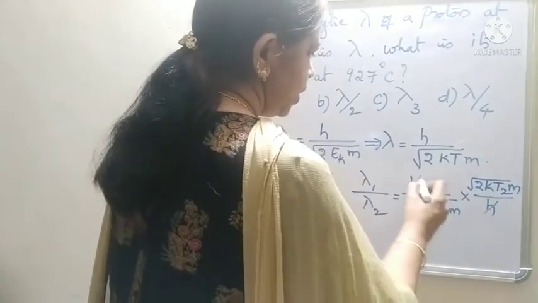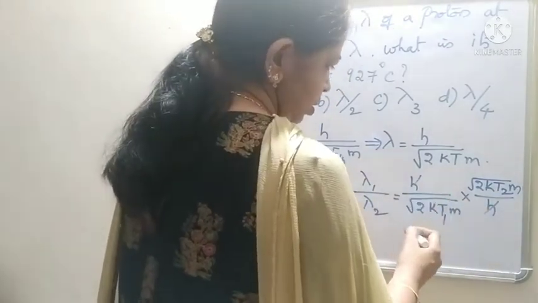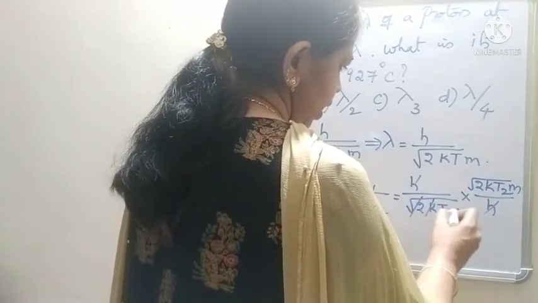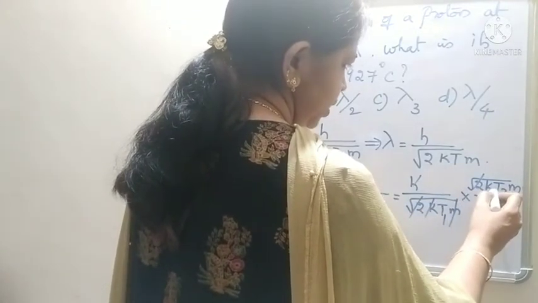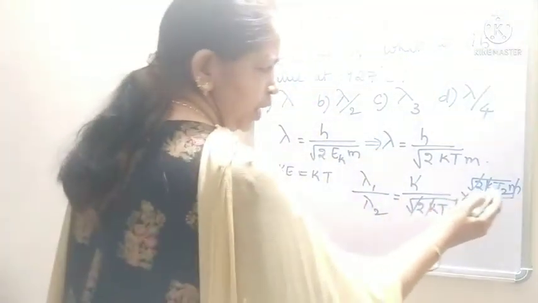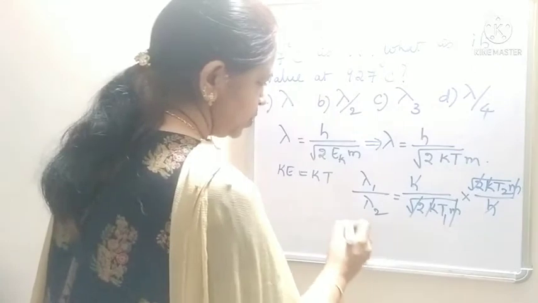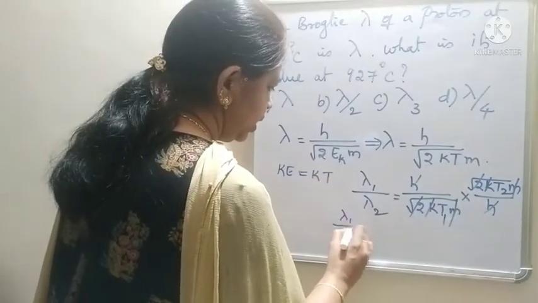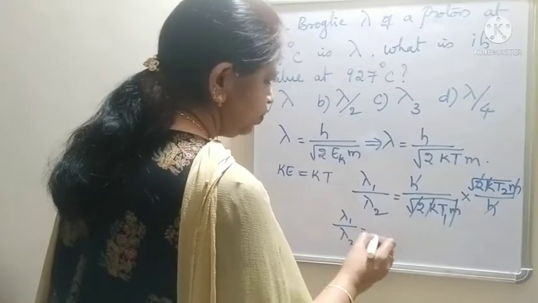So, h and h get cancelled, root 2 k and m also get cancelled. The remaining are root T2 by root T1. So, lambda 1 by lambda 2 is equal to root T2 by root T1.